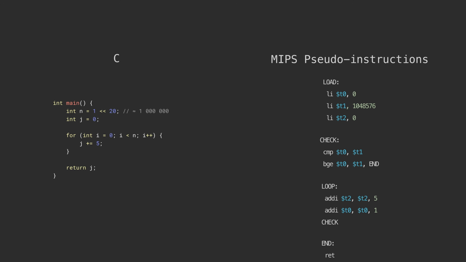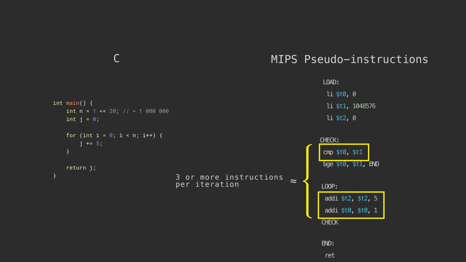And then at the end it returns once we're complete. In total, I would expect around 3 machine language instructions per iteration. So in total, maybe 3 million instructions for the whole lifetime of the program.